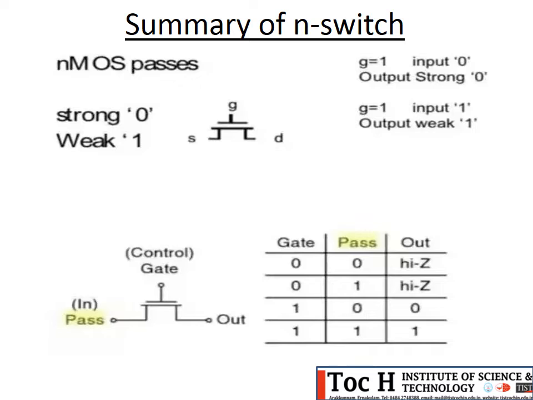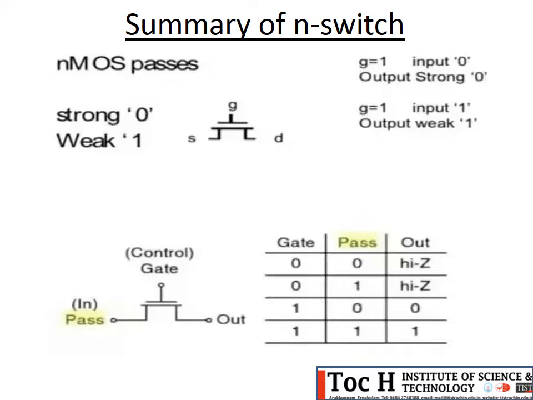So you can see here a summary of the working of the N switch. When the gate logic is 0, it will not pass. The output is at high impedance state, because for logic 0 the gate will not turn on and the switch will not get closed. For gate equal to logic 1, the switch will get closed, and for logic 0 at the input we will get the output 0.